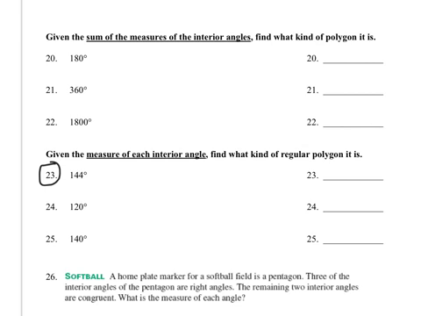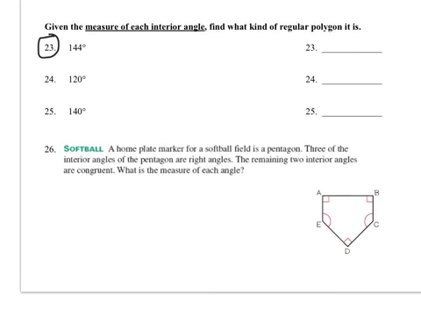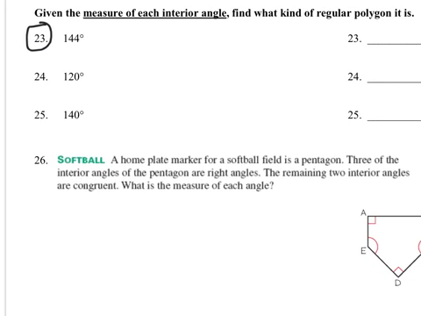Now we're going to work what we just did, but backwards. So, in problem number 23, they've given us the measure of each interior angle, so an individual angle within, and again, our regular polygon. So each angle in this polygon is 144 degrees. So we want to take that and figure out what kind of shape we have. Do we have a pentagon? Do we have a hexagon? Or a decagon? Or whatever it is.